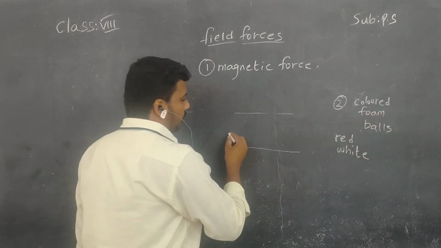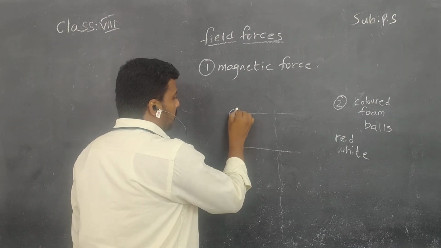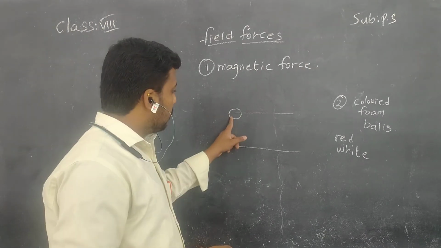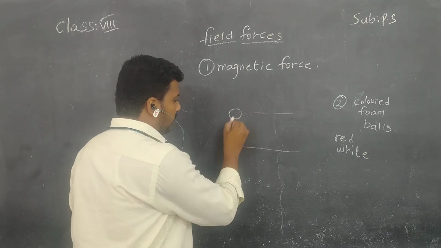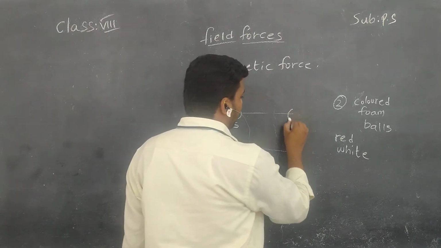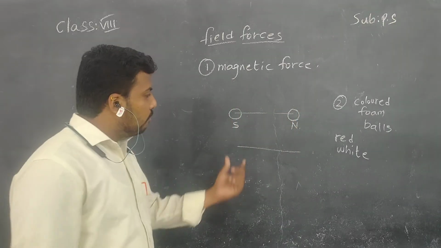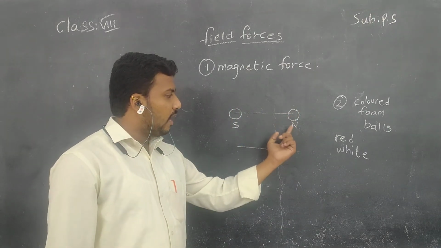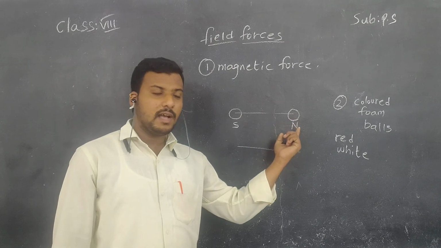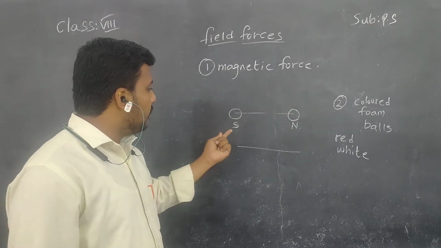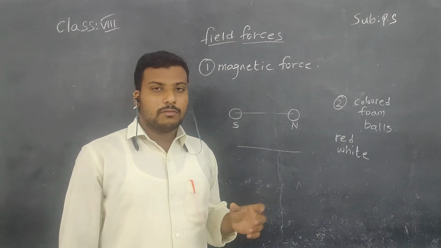You take the white foam ball and insert it at the southern part. Okay, children. And you take the red foam ball and insert it at the north end. How can you say, sir, that one end of the needle acts as a south and the other end acts as a north?